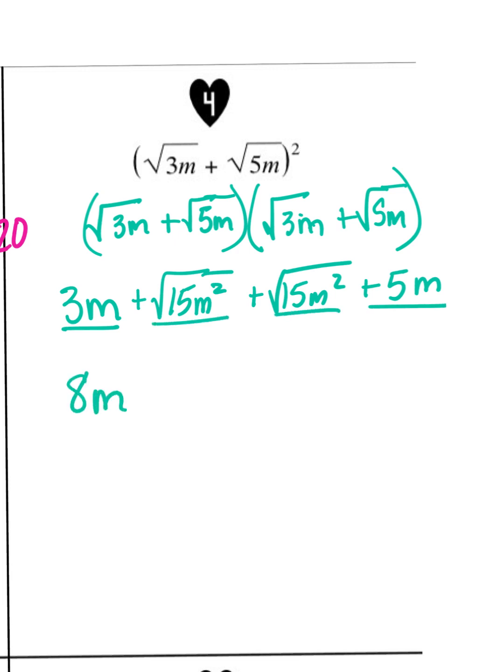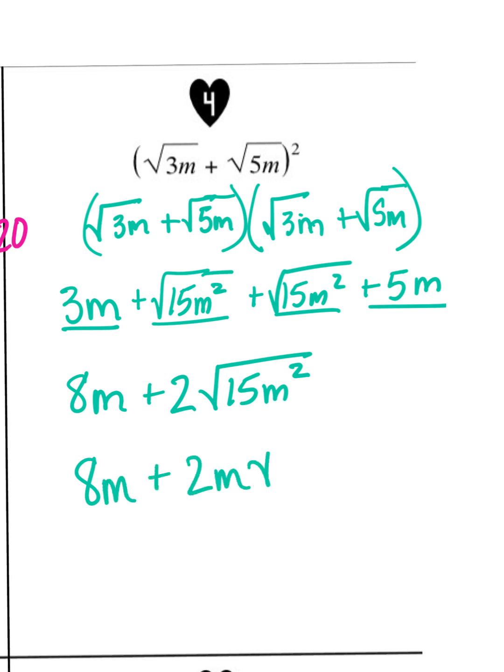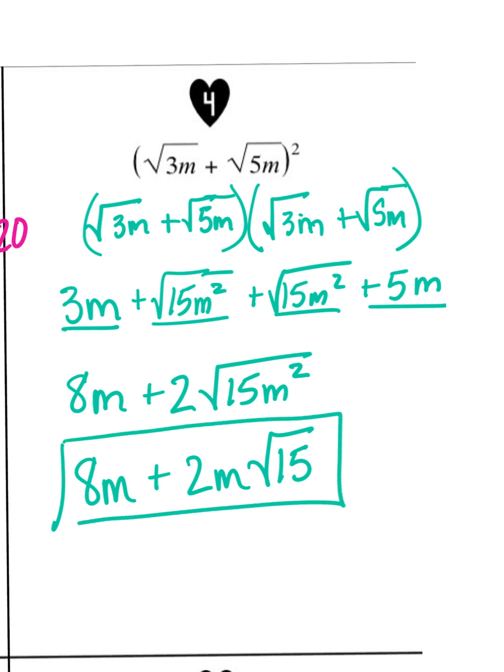And I have 2 of those, so that's going to be 2 square root of 15m squared. The square root of m squared is just m, so this is 8m plus 2m square root of 15. And then you would stop at that point because you can't combine them, because 8m does not have a square root of 15.